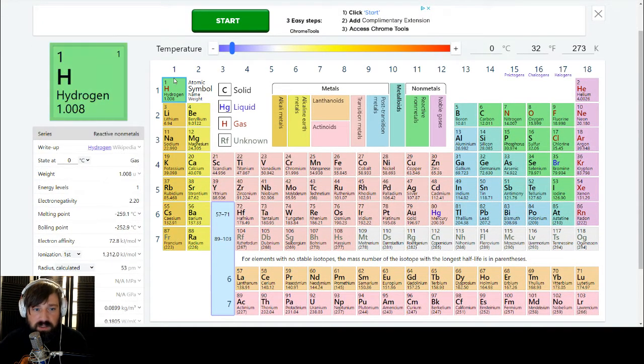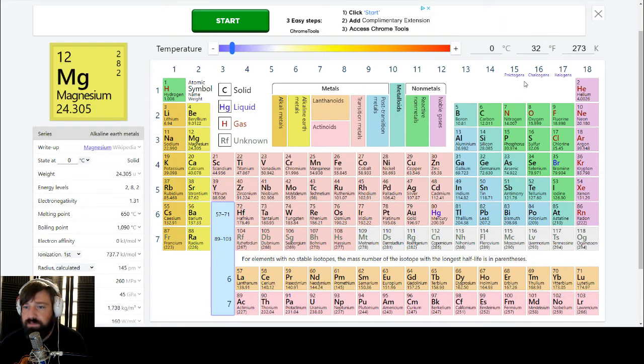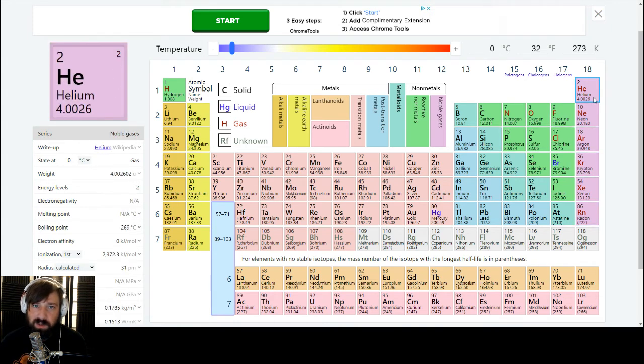All of these guys in group 1 are going to make ions that are 1 plus charge. And all of these guys are going to be 2 plus charge. Over here, this is going to be 1 minus, this is going to be 2 minus, 3 minus, and the noble gases, of course, are perfectly fine with an octet, and so that's just 0.